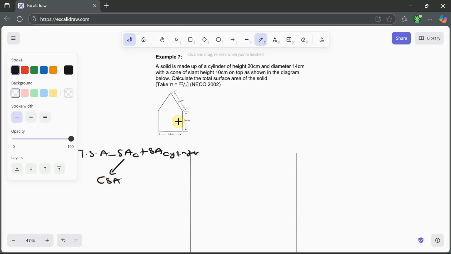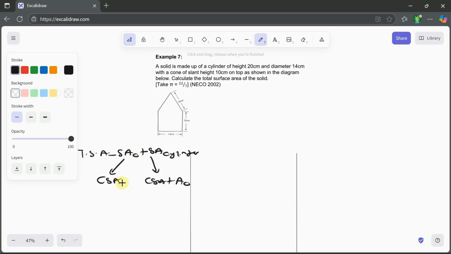If the bottom was showing, we would have added the area of the circle. Now for the cylinder, the top will not show because it has been capped by the cone. So we have the curved surface area plus the area of the circle under, which will show. By the time we find these and add them together, we will have our answer.